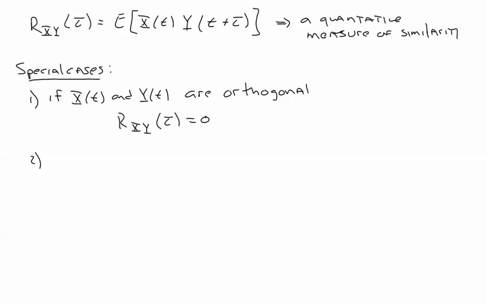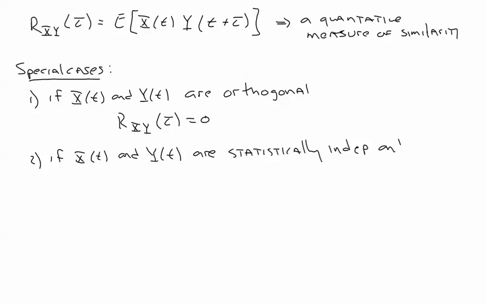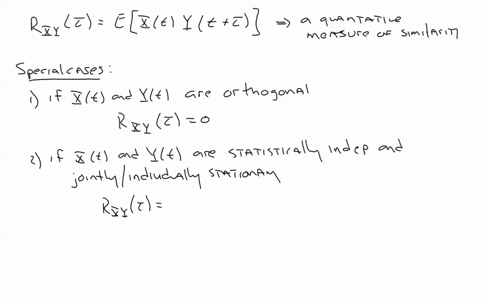Another special case. If x and y are statistically independent, and individually stationary, and jointly stationary as well, then my cross correlation equals, remember, if I have statistically independent processes, then the expectation of the product is the product of expectations.